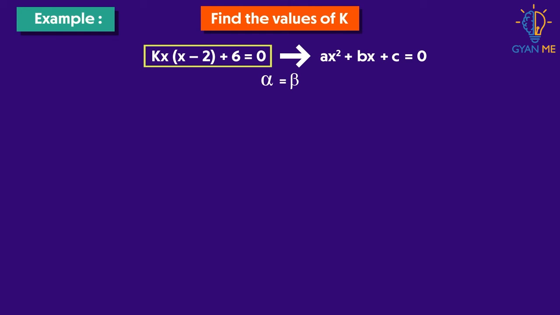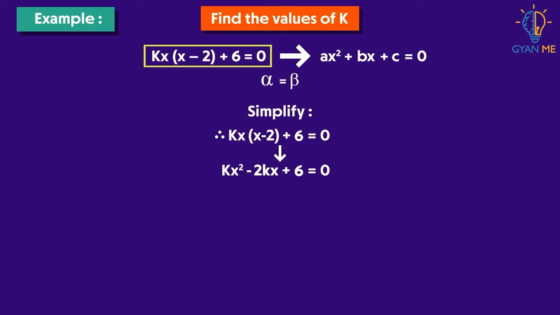So first we will have to simplify it and write it in the standard form of quadratic equation. Therefore, kx(x minus 2) plus 6 equal to 0 becomes kx square minus 2kx plus 6 equal to 0.